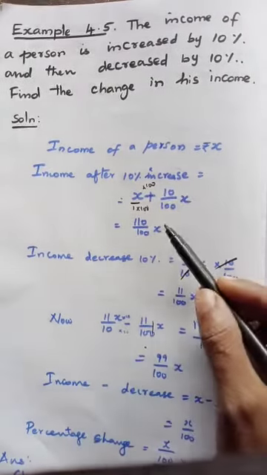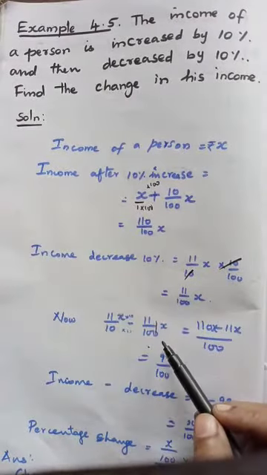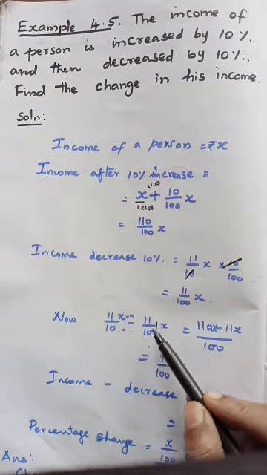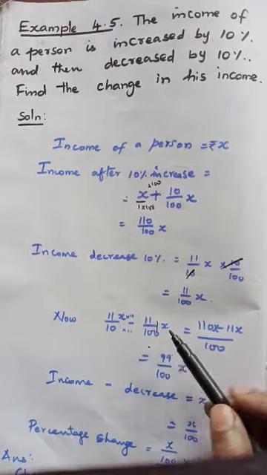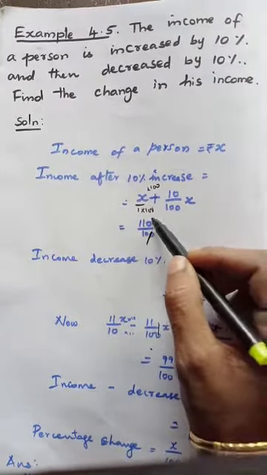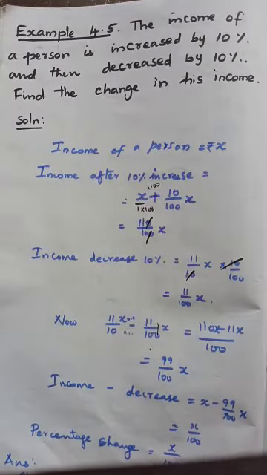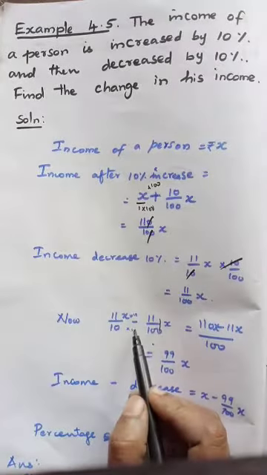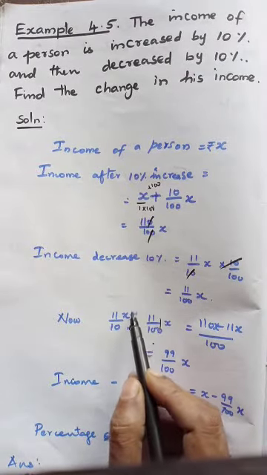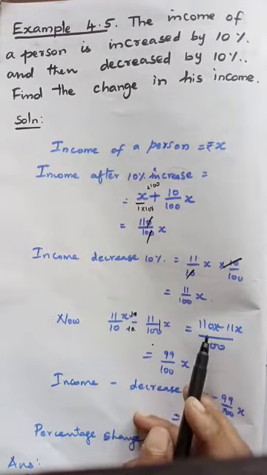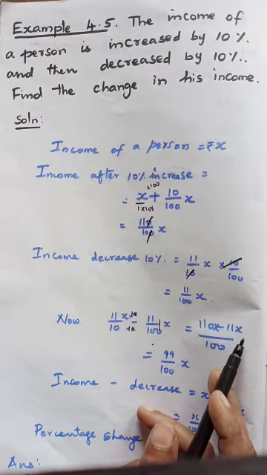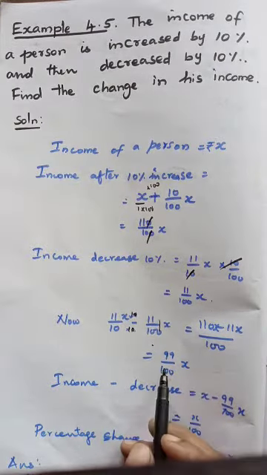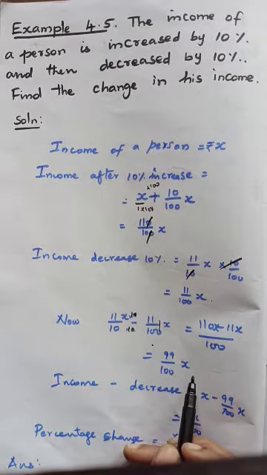From 11 by 10x you have to subtract 11 by 100x. Here you have to multiply by 10 on both. Then it will come 110x minus 11x by 100, that is 99 by 100x.